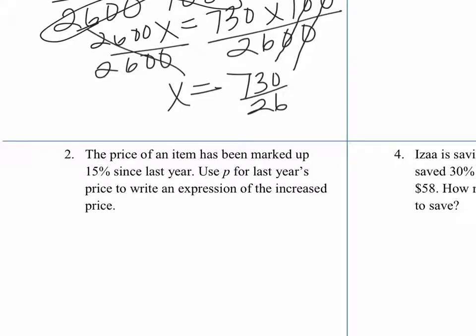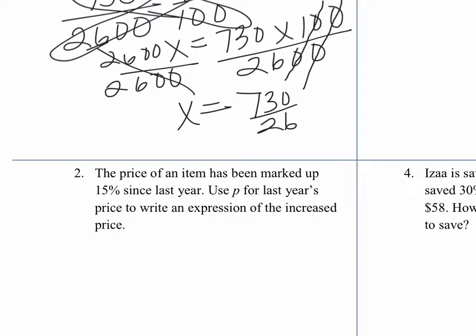When you divided 26 into 730, you got 28.07, which is approximately, and that can be your answer, 28%.